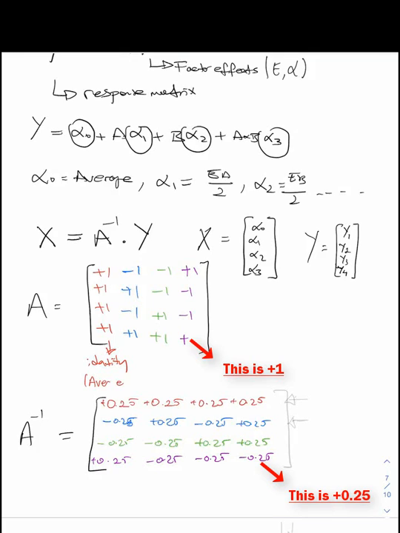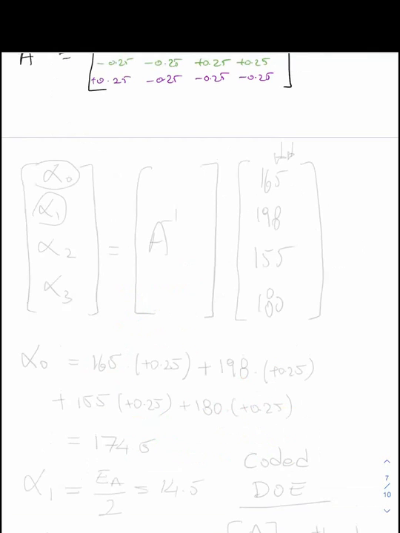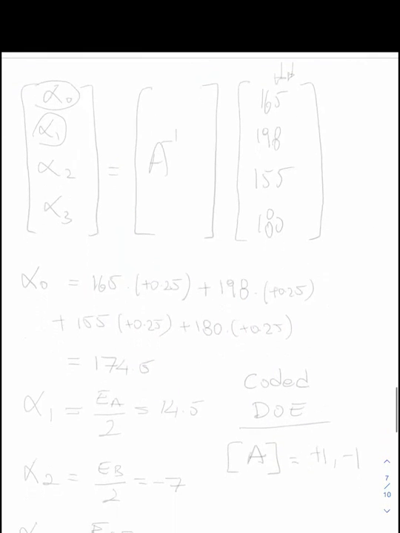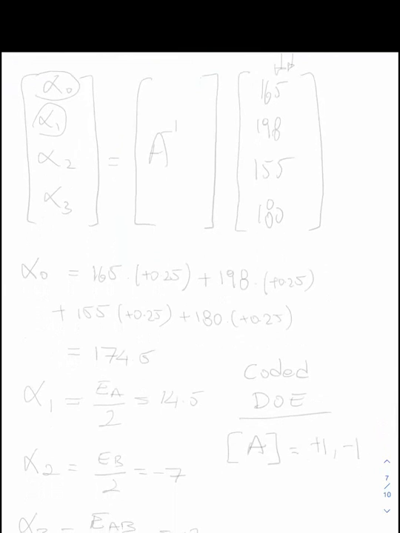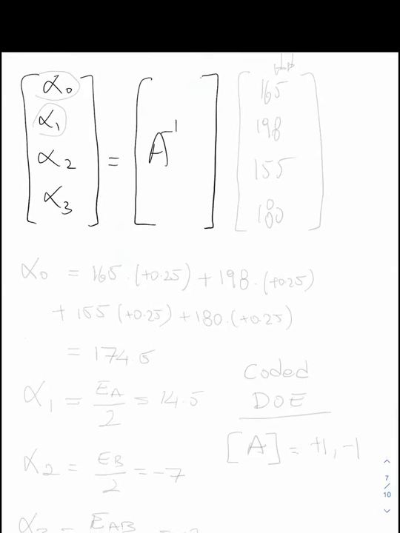Okay, and now if I were to write my matrix that I'm trying to solve for, alpha 0, alpha 1, alpha 2, and alpha 3, it is equal to A minus 1. I'm not going to rewrite A minus 1. You already had it, right?